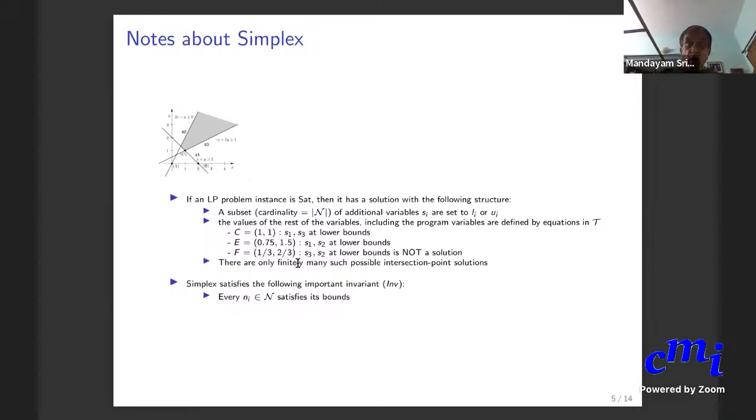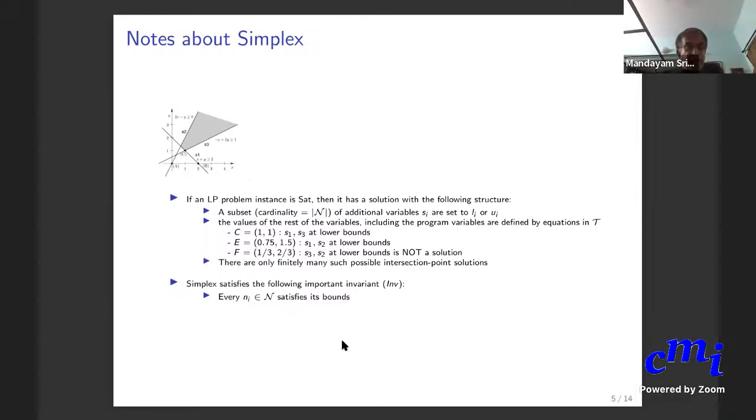Therefore the number of states that the simplex procedure will be exploring will be finite, and so termination itself can be guaranteed, by ensuring that it doesn't loop between two states forever. That's how the termination argument reduces.